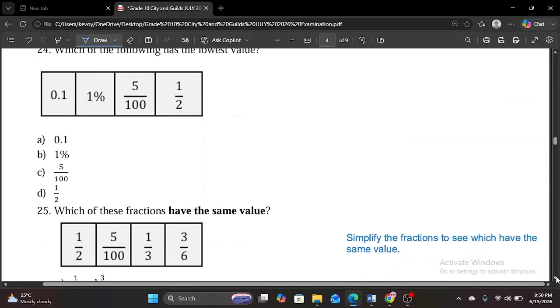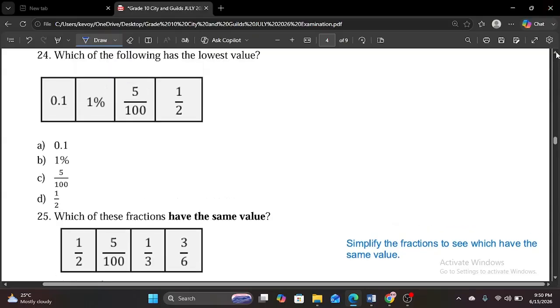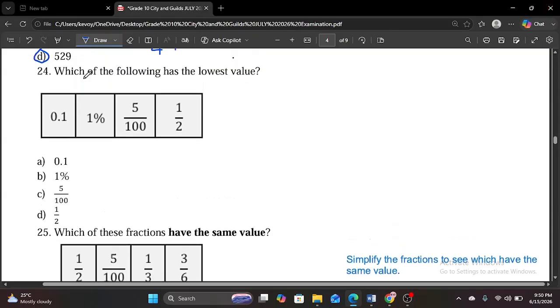All right. So let's look at this one right here. Which of the following has the lowest value? So we want to ensure that we're looking for the one with the lowest value. If that's the case, let's first convert all of these into fractions. So 1% is going to be 1 over 100.